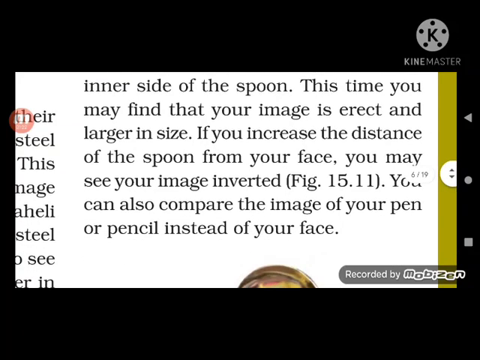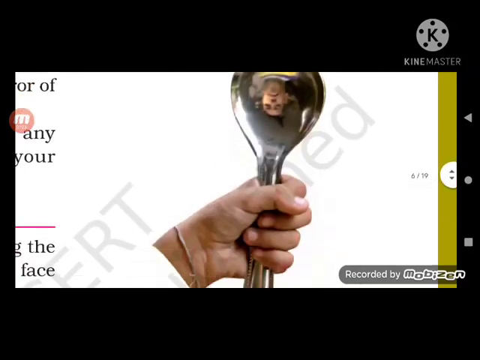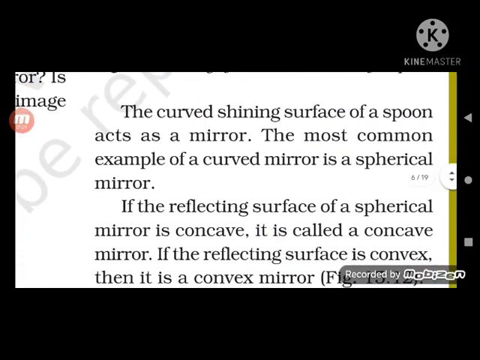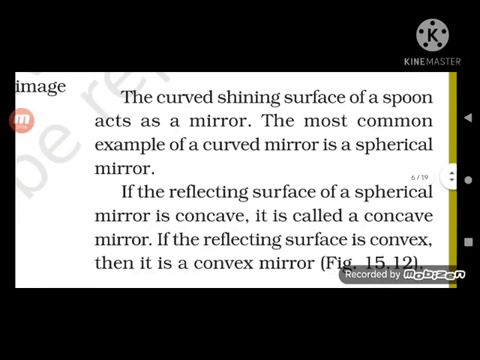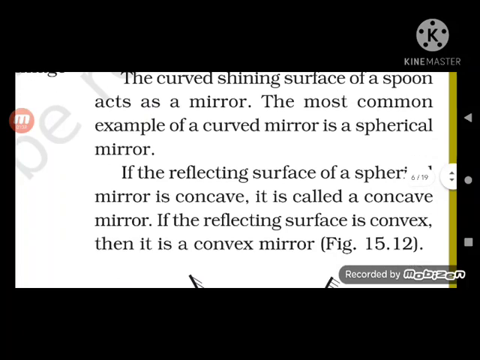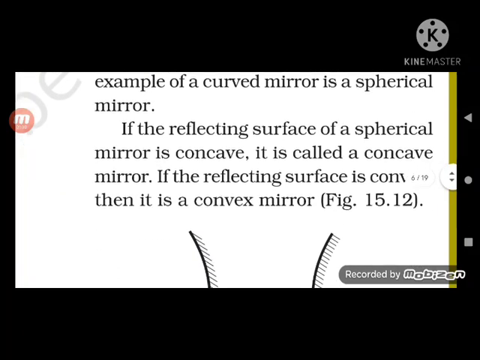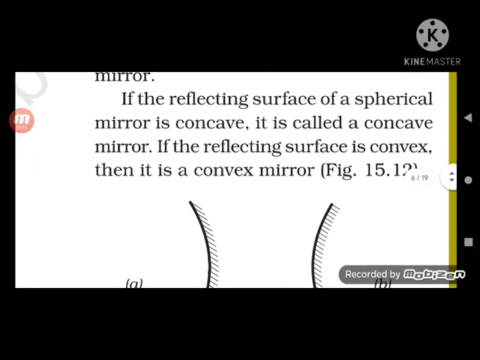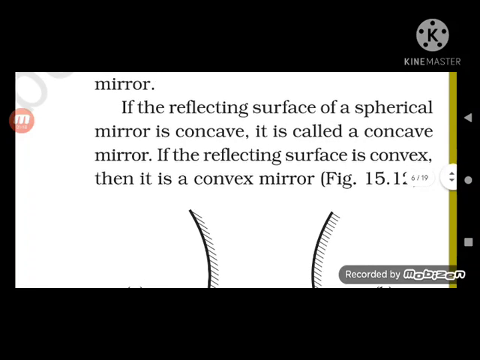You can also compare the image of your pen or pencil instead of your face. The curved shining surface of the spoon acts as a mirror. The most common example of a curved mirror is a spherical mirror, and if the reflecting surface of a spherical mirror is concave, it is called a concave mirror.